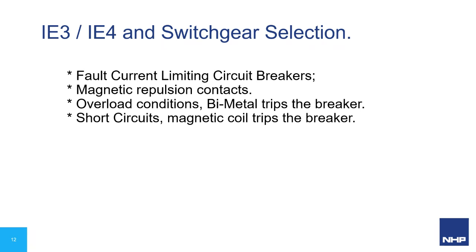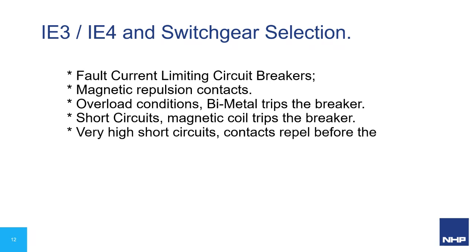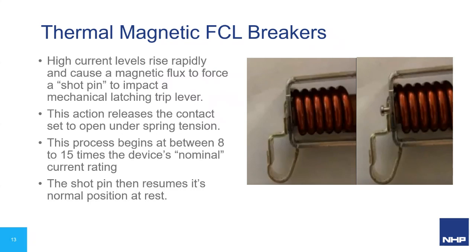So let's look now at how the breaker actually operates under short circuit conditions. Well, thermal magnetic fault current limiting breakers trip on fault primarily by unlatching the trip lever with the shot pin being forced out of the short circuit coil by a rapid rising current. You can see here the left-hand figure has not got the shot pin extended.